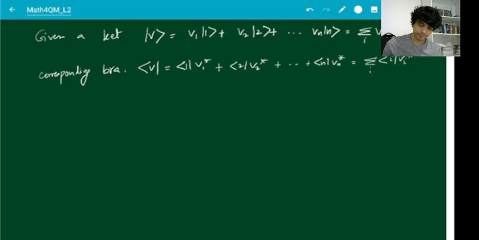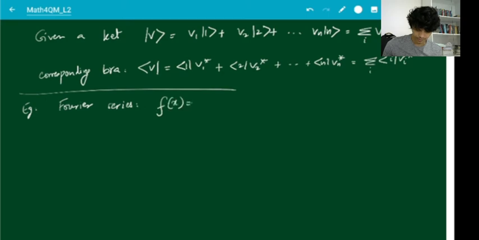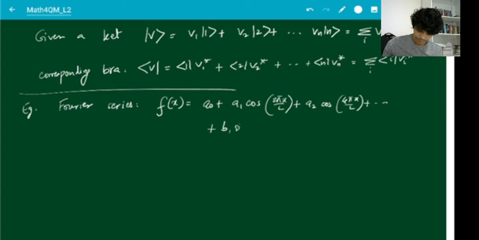Let's look at an example of the space of functions. So we had seen the Fourier series in which we wrote f of x as a0 plus a1 cosine 2 pi x by L plus a2 cosine 4 pi x by L and so on, and similarly b1 sine and so on.